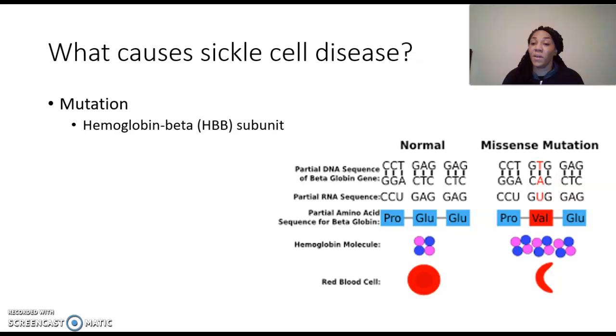You have changed it from a ham to a yam. Now you have a whole different protein. Now you have a whole different soup. So that's to help you understand how that change occurs and how drastic it is to change it from a circular red blood cell to a sickle because of that one amino acid.